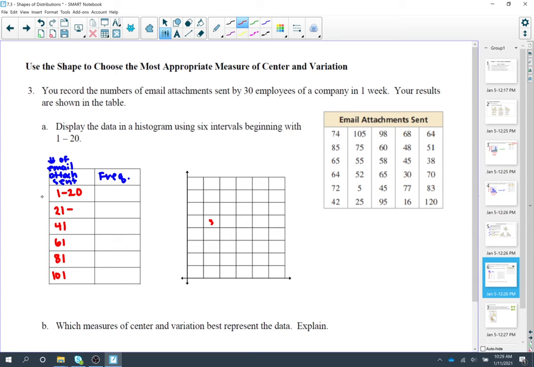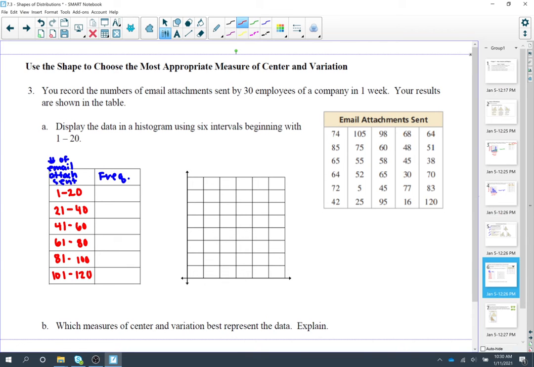So here you're just counting by 20s: 20, 40, 60, 80, 100, 120. And then it makes a number line. So you have 1 to 20, then you pick up a 21, to 40, then you pick up a 41. So you're not missing any numbers.